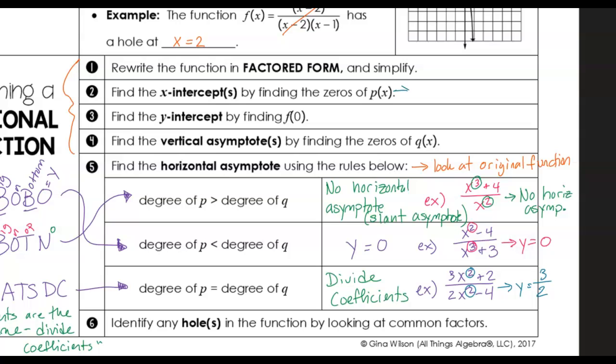And if you recall, p of x is the numerator. So to find the x-intercepts, all you have to do is find the zeros of your numerator. To find the y-intercept, you find f of 0, meaning you plug 0 in for x.